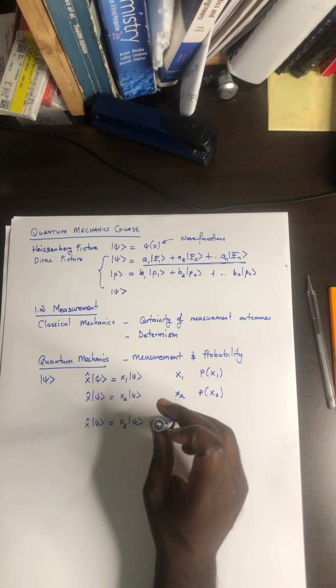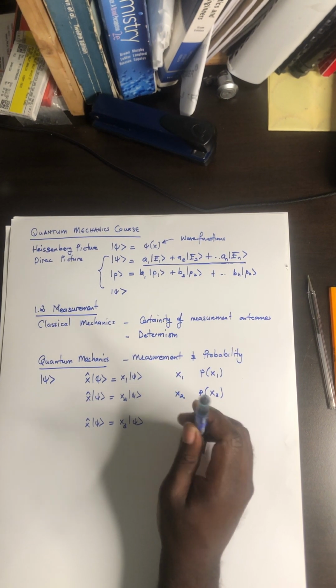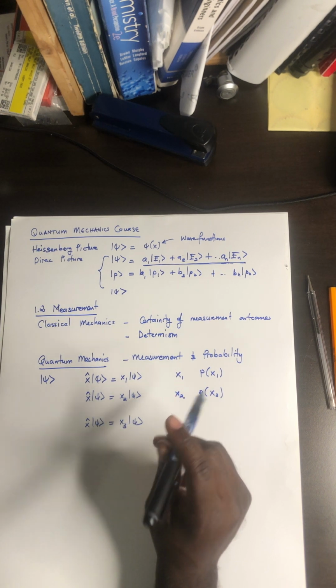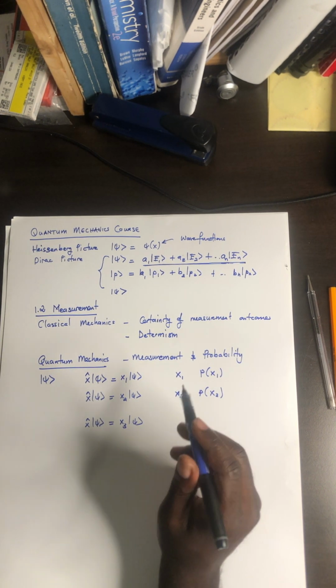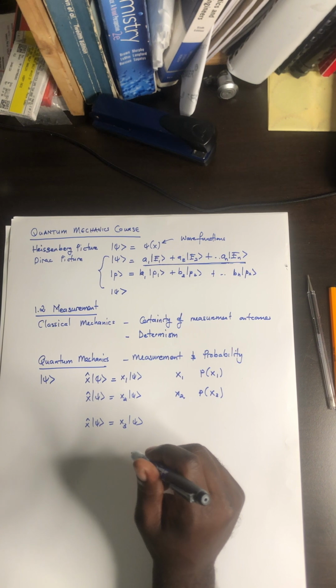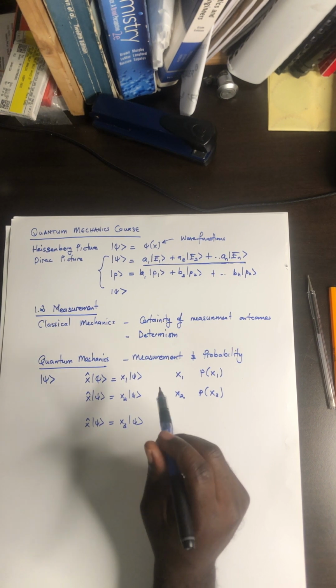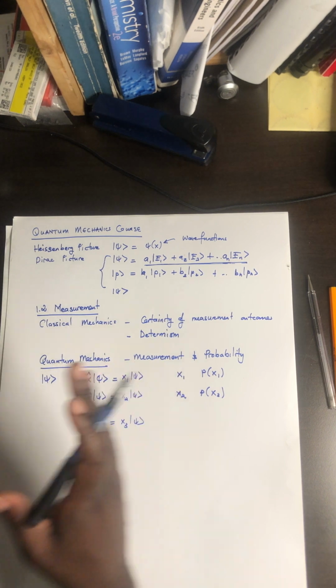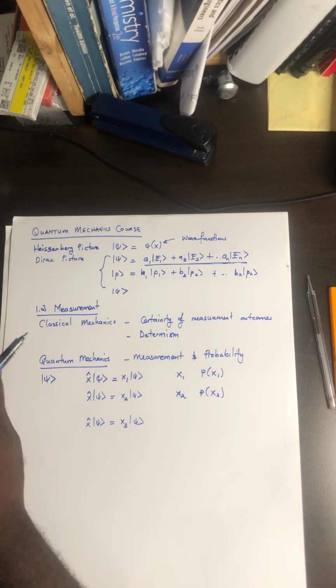Like if you fired a silver atom onto, say, a screen, every time you measure where it hits by observing scintillations on the screen, it will not hit the same place, even though each atom that's fired through this electric gun is prepared in an identical quantum state.